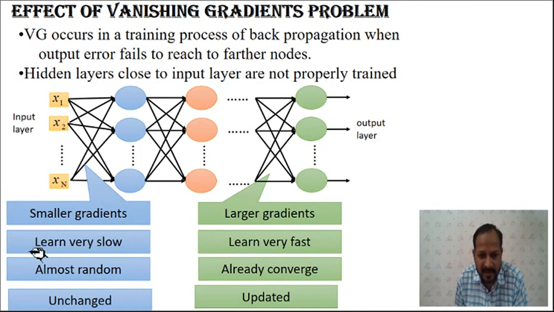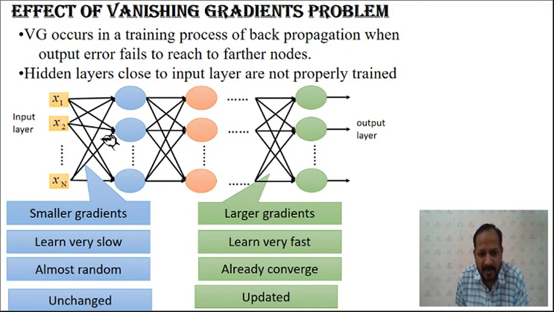The layers near the input learn slowly because there is a very small update in the weights, but the hidden layers near the output layer have a large update and learn very fast because there is a large change in the output. So in the same epoch, these layers learn less, and the hidden layers near the output layer learn more.